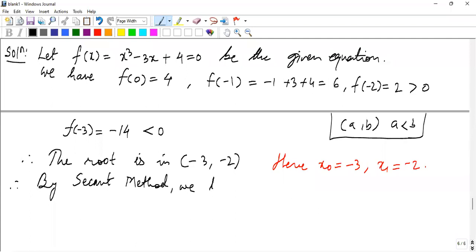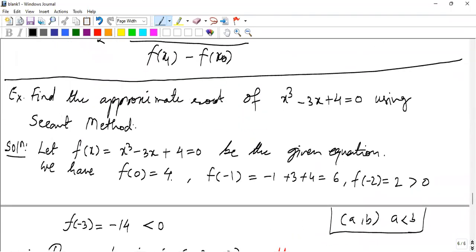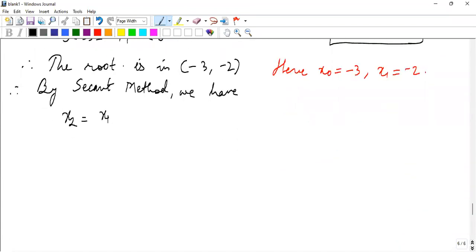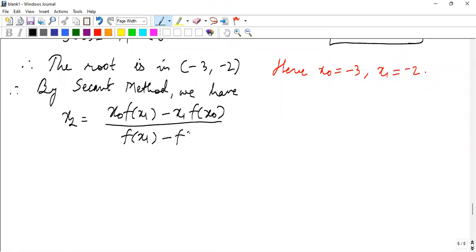So we have by secant method, x2 is equal to, see the formula, x0 f of x1 minus x1 f of x0, and here we have f of x1 minus f of x0.